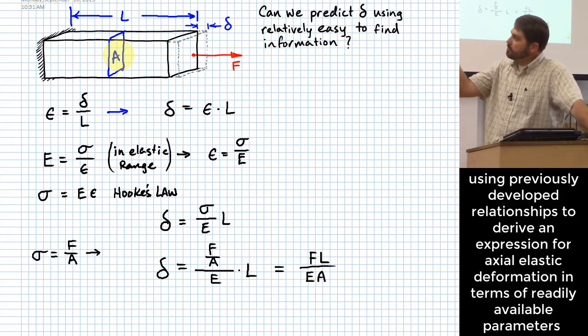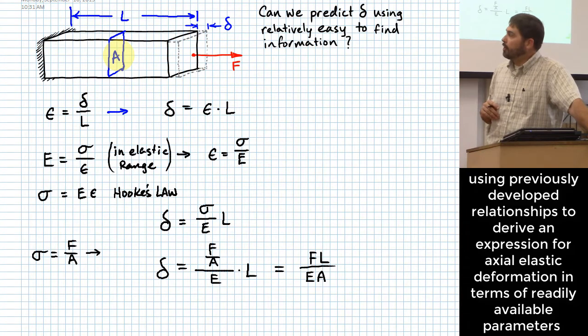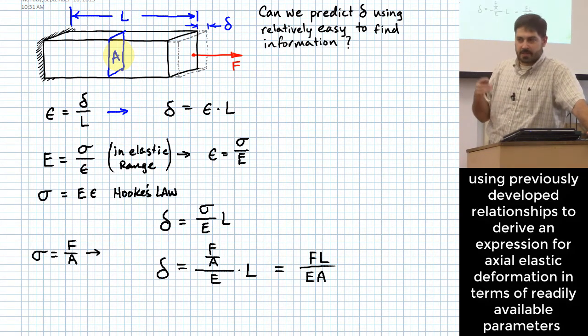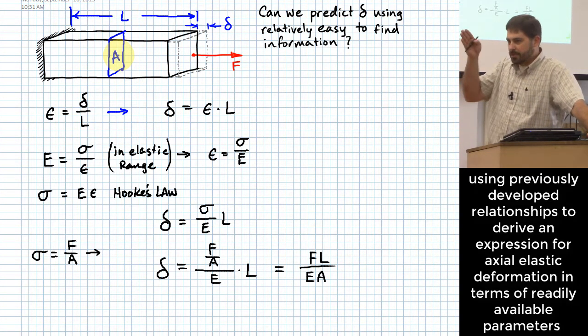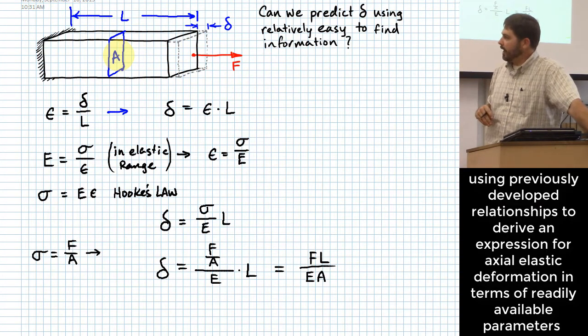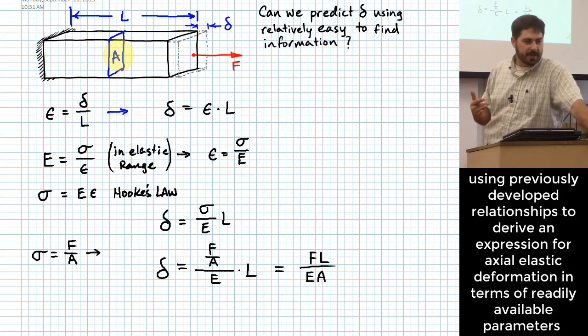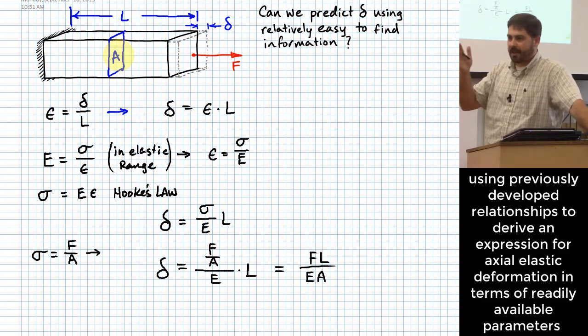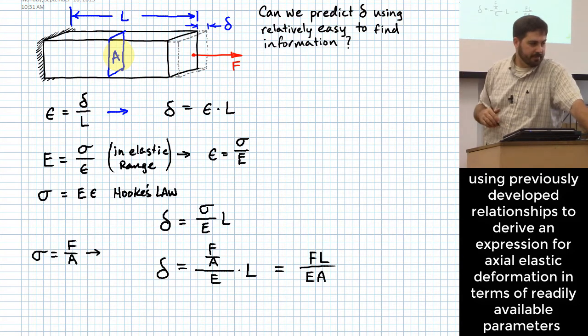Within that length of material, all of that material is experiencing an axial force of F. Regardless of where I would make a cut through that material, whatever particular cross-section I cut through, it's all carrying F. It all has the cross-sectional area of A. I can't have a variable area in order for this to work as is. And then E, my material properties can't change somewhere halfway along the length of this body.